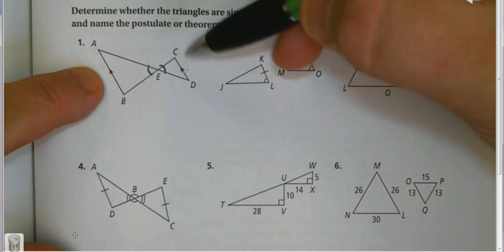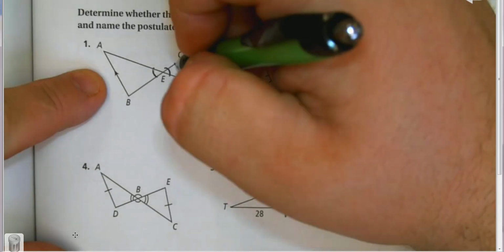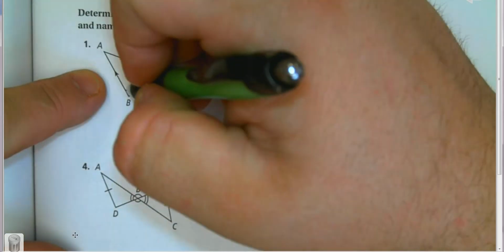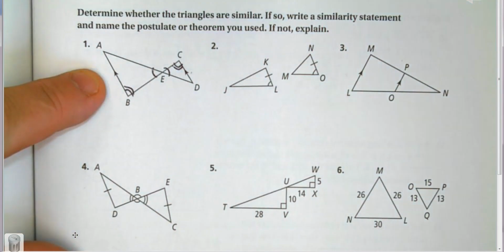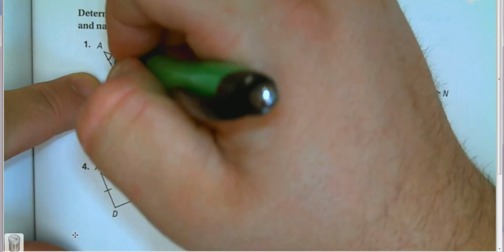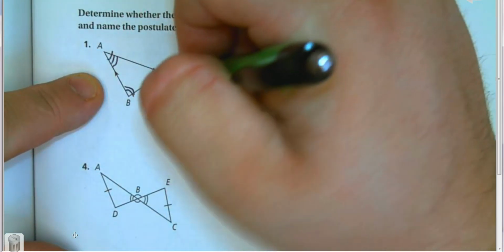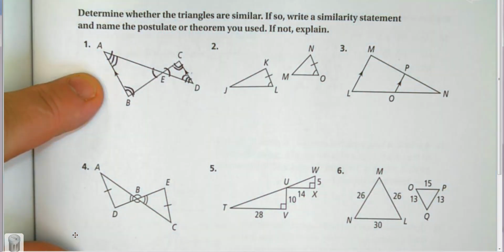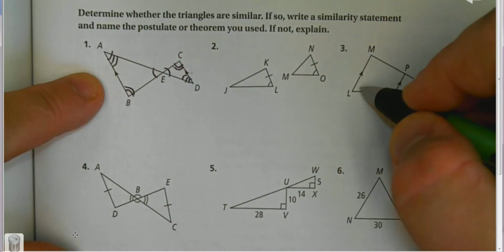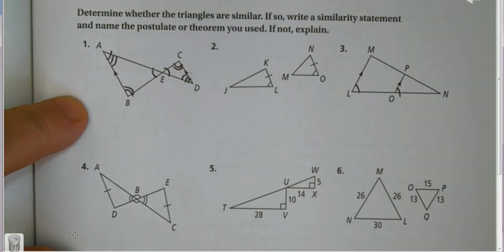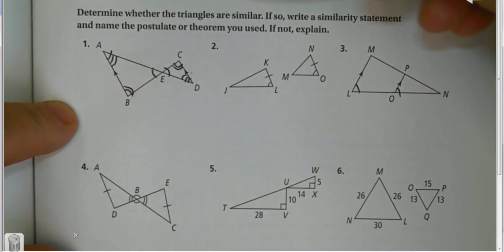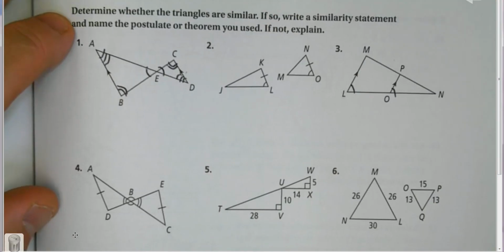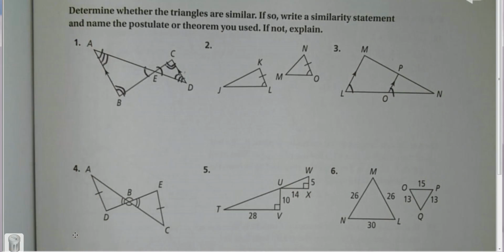So if these lines are parallel, angle C is congruent to angle B. Angle A is congruent to angle D. Okay? Over here, these two angles are congruent. So again, you're trying to prove, is it angle, angle, side, side, side, or side, angle, side? So the same thing we looked at before.